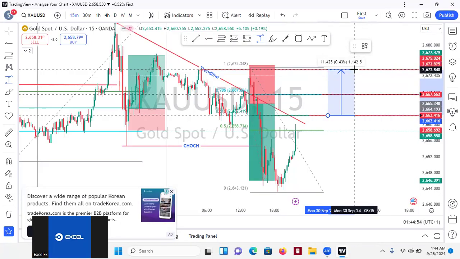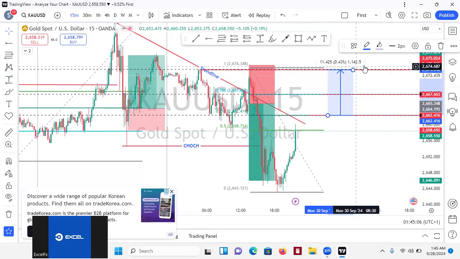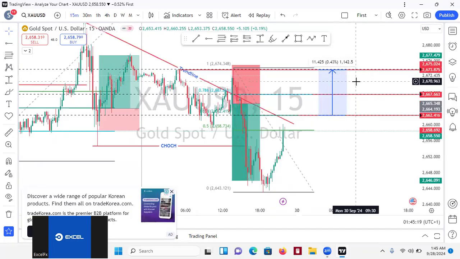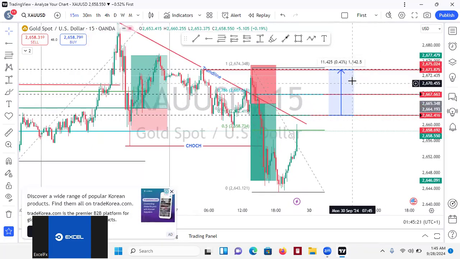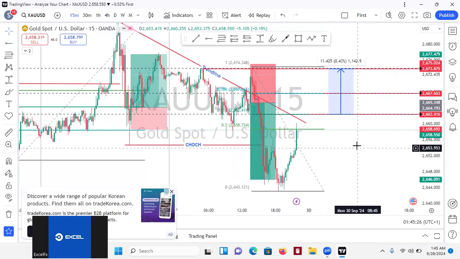If I'm supposed to enter for a sell, from here to here will be about 100 and something pips. There are about 114 pips. From this level to this very level is going to give me 114 pips.